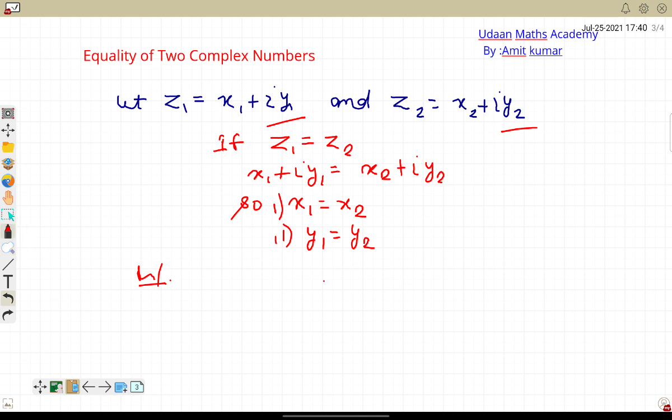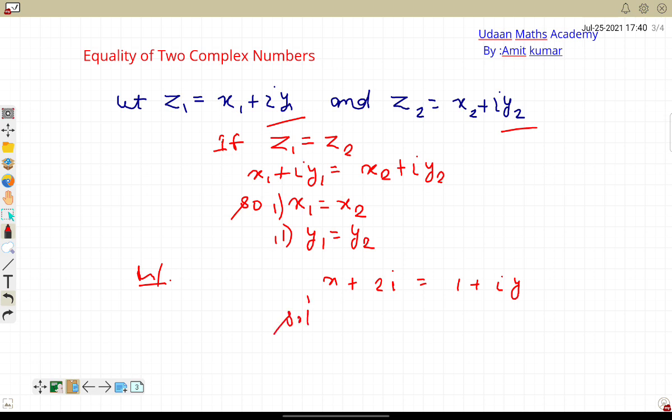If we write x plus 2 iota is equal to 1 plus iota y, then what is the value of x and y?